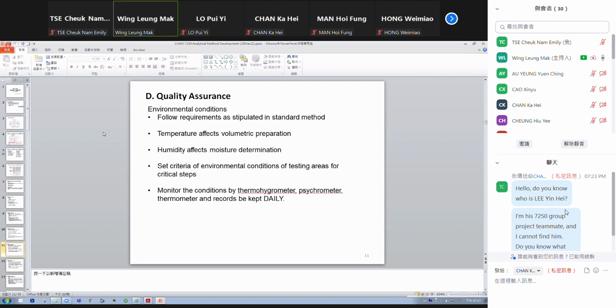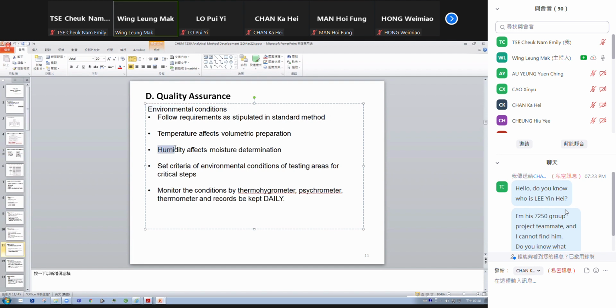Okay. So the environmental conditions are important. The temperature affects the volumetric preparation. If the temperature in the laboratory is too high and your glassware is not good for the measurement, there may be some effect on your result.